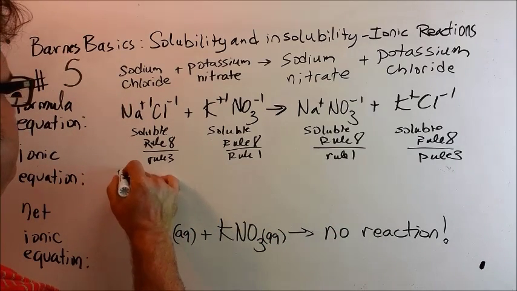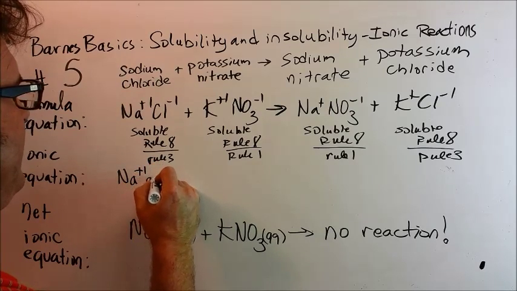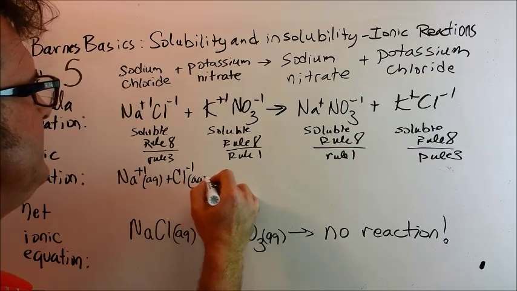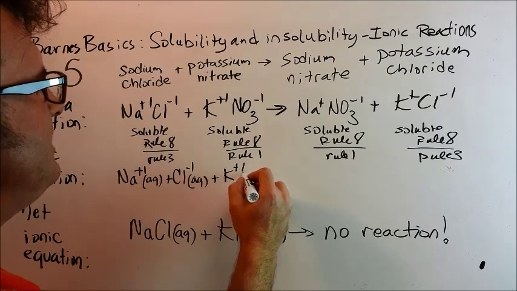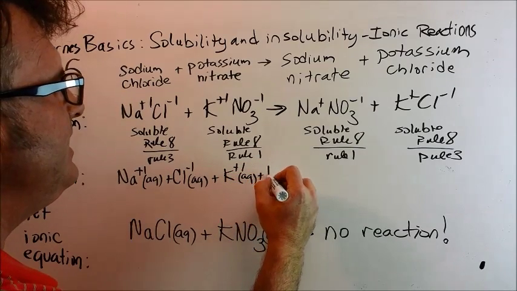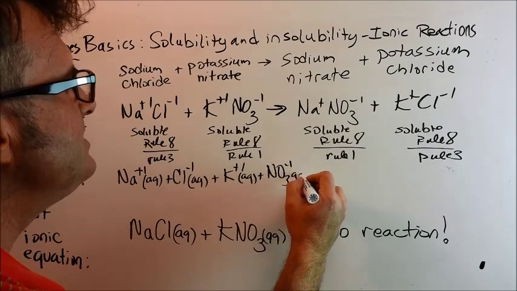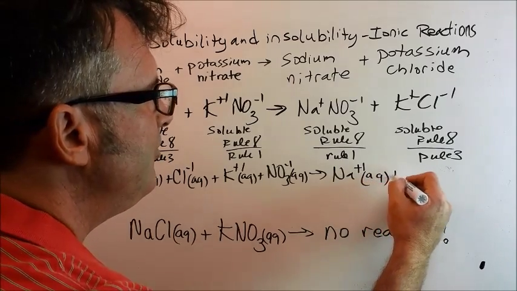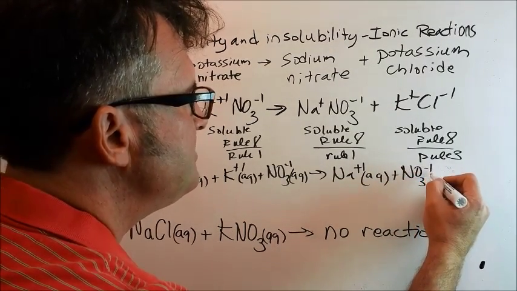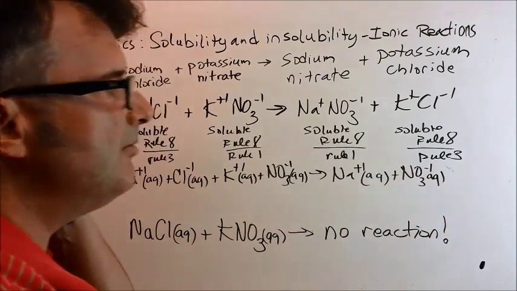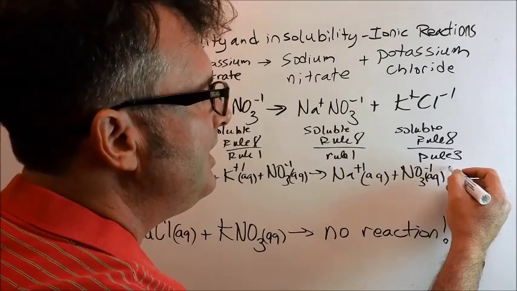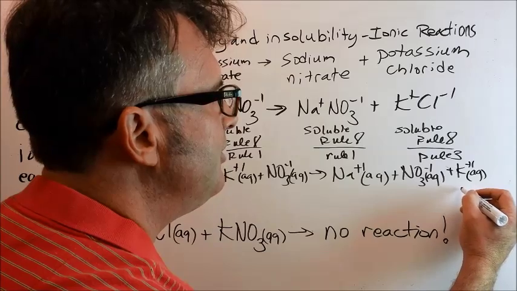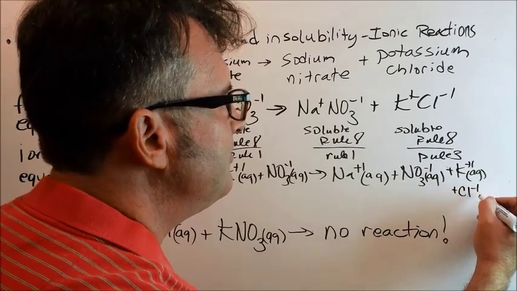We can drop all these down. We can say that sodium +1 aqueous plus chlorine -1 aqueous added to potassium +1 aqueous and nitrate -1 aqueous yields sodium +1 aqueous plus nitrate -1 aqueous, and I'm running out of room, plus potassium +1 aqueous and chlorine -1 aqueous.